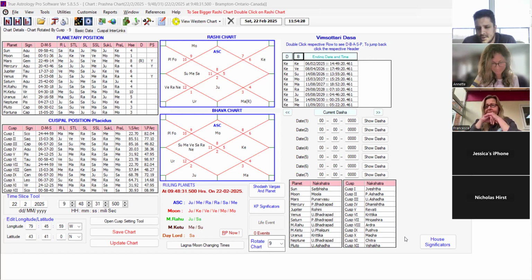I don't know about you, when it comes to mediums, it's slightly different. When it comes to other sorts of readers like myself, or astrologers, the main questions that are going to come your way are wealth, relationships, and maybe health. See what I'm saying?